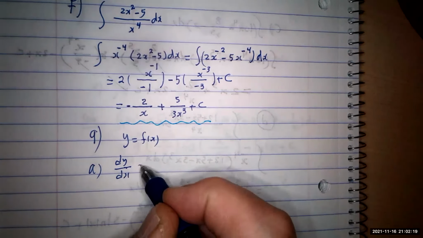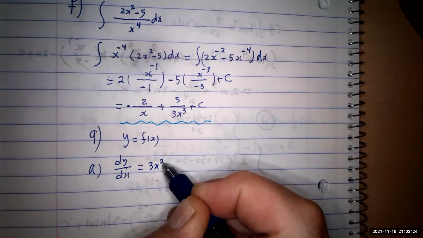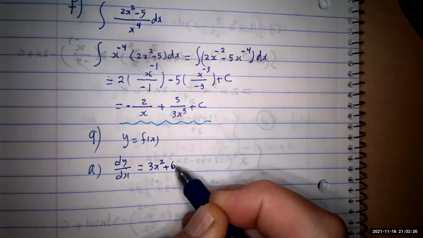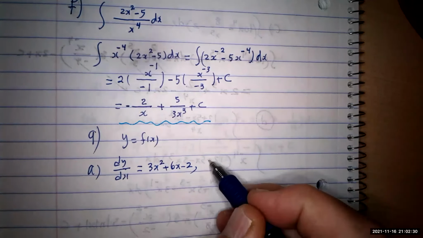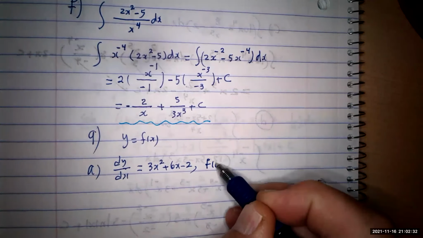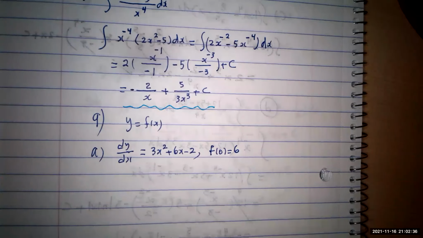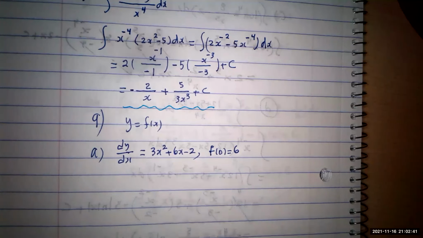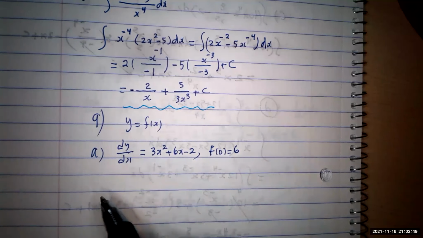So dy/dx is given to you, which is equal to 3x squared plus 6x minus 2, that's your f prime, with one condition that f of 0 is equal to 6. You see, dy/dx is the derivative, the velocity, and this is the kind of initial position. So to solve this type of problem, change the notation first.